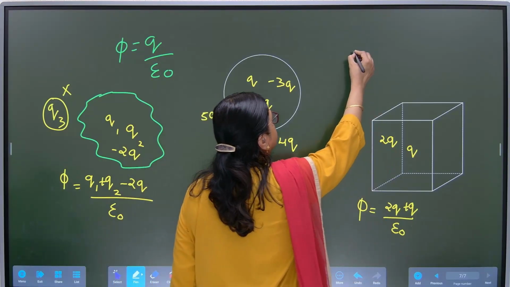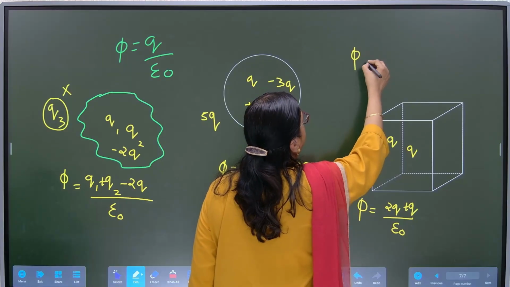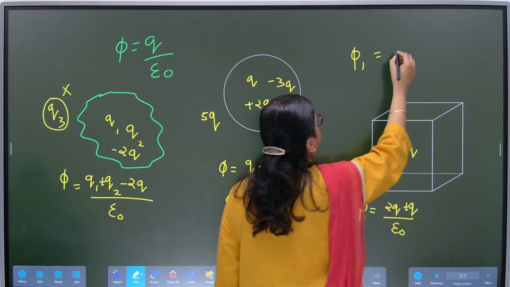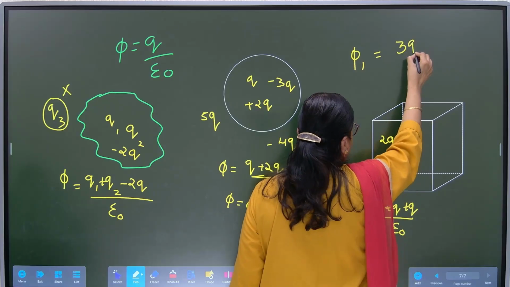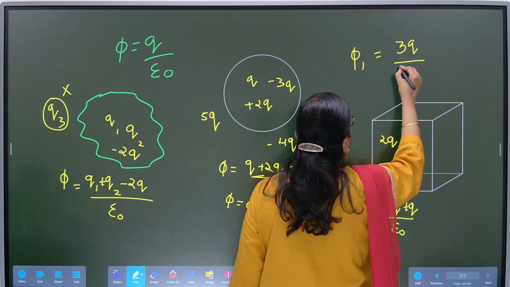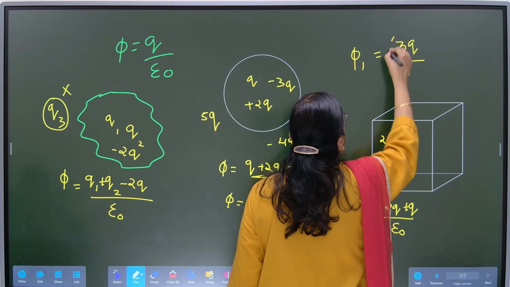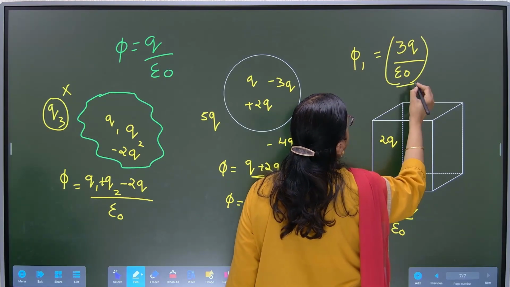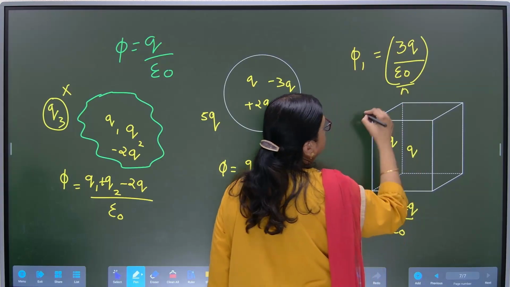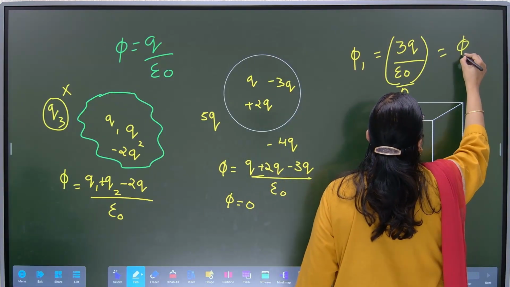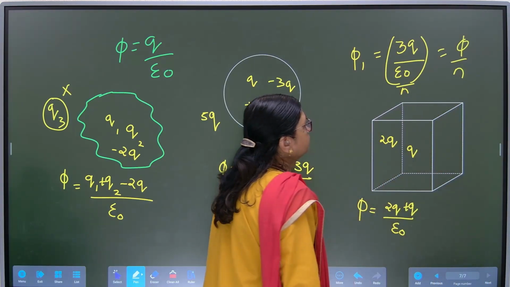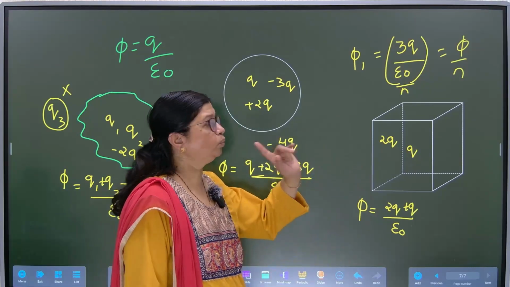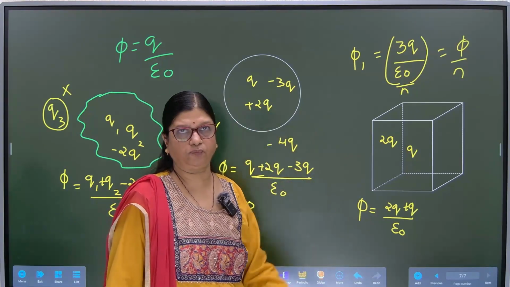Then our answer for the flux through one of the surfaces is 2q plus q, 3q upon epsilon naught, divided by n. In simple words, phi upon n. That is the flux through any one of the surfaces.